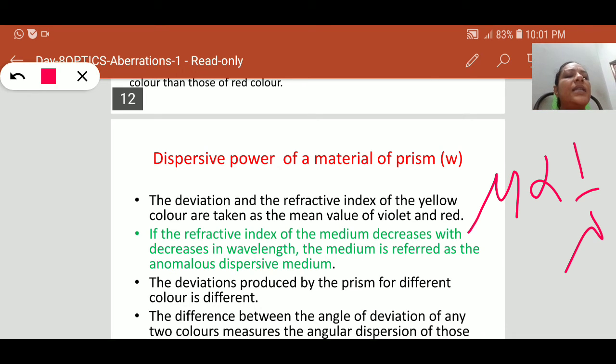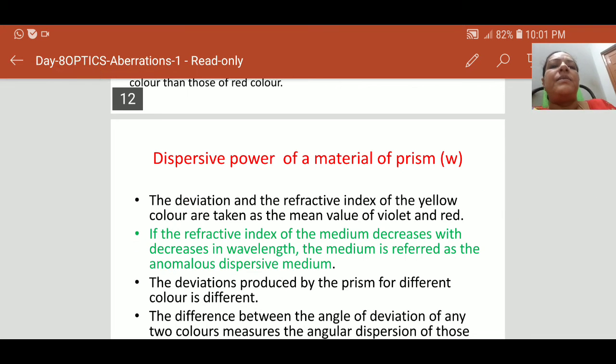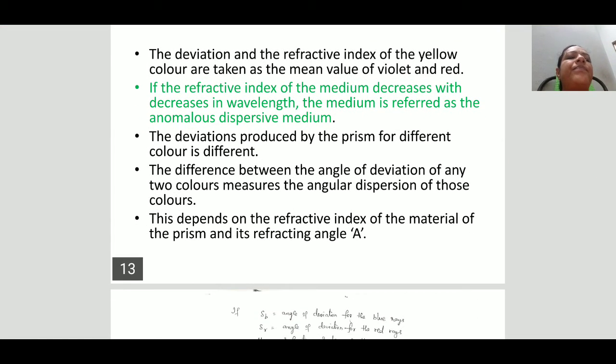Similarly, if the refractive index of a medium decreases with decrease in wavelength, the medium is referred to as an anomalous dispersive medium. This case we are not taking actually. Next, the deviations produced by the prism for different colors are different because the refractive index varies.